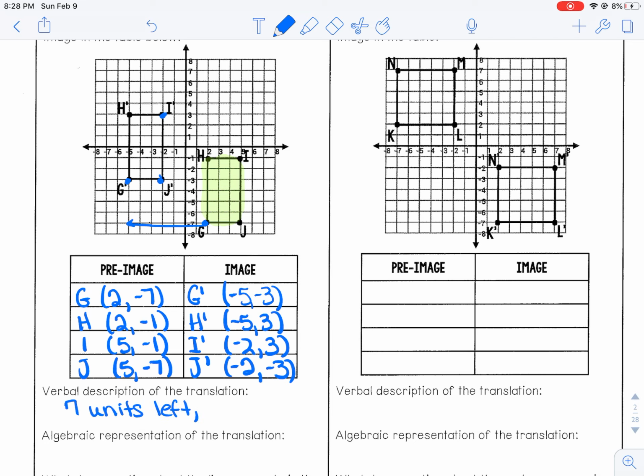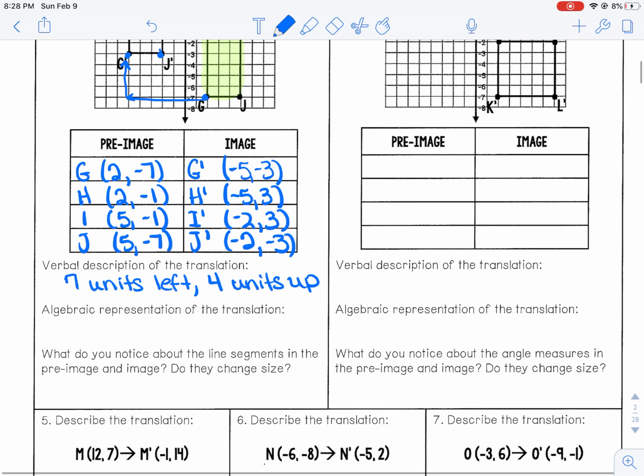Okay, and then we went 4 units up. Okay, so that's how we would say it, but what's the algebraic representation? So what did we do to the x value? We went to the left, which is negative. We subtracted 7, and with our y values, we added 4.